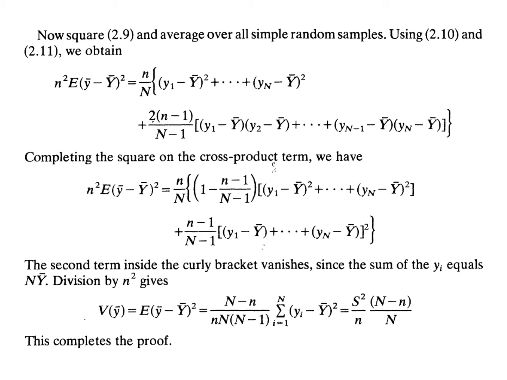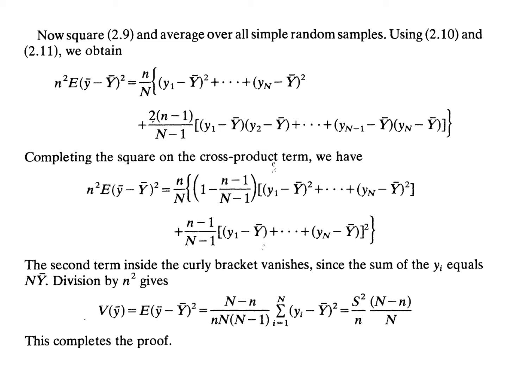Substituting, we obtain n squared times the expected value of (y bar minus capital Y bar) squared equal to n over N multiplied by the bracket: (y1 minus Y bar) squared plus (y2 minus Y bar) squared up to (yN minus Y bar) squared. The middle term will equal the first term times a second factor, multiplied by 2.